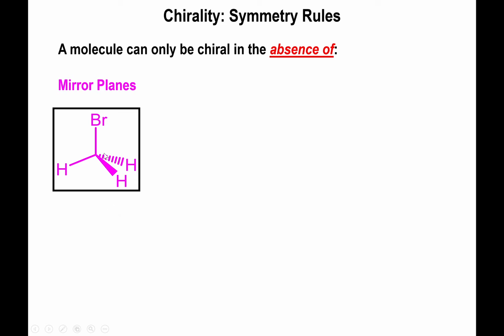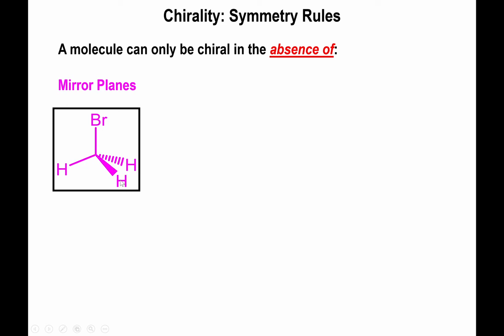So technically speaking, a molecule should not have mirror planes within it for you to have chirality. If there are mirror planes, do not expect the molecule to be chiral. And what that basically means is that on a molecule like this, bromomethane, you could draw a mirror plane that basically goes through the carbon-bromine and the carbon-hydrogen bond, basically these regular lines.